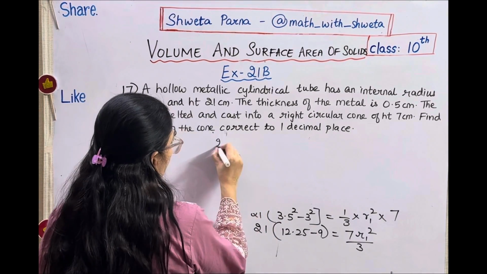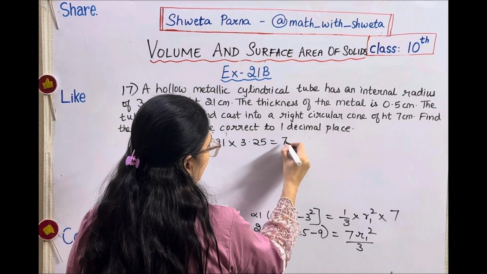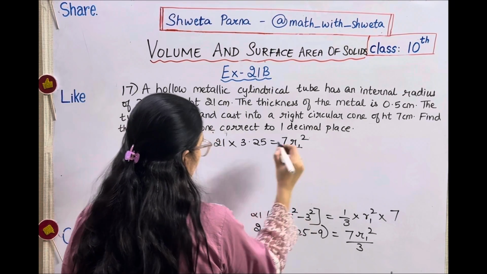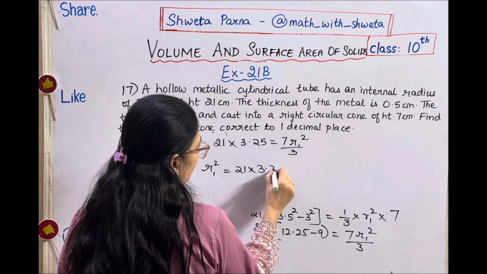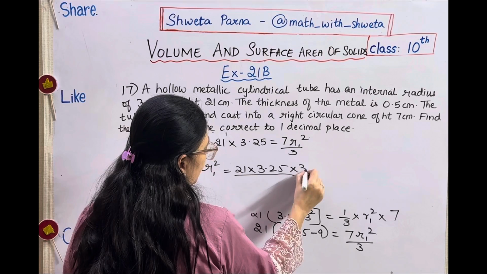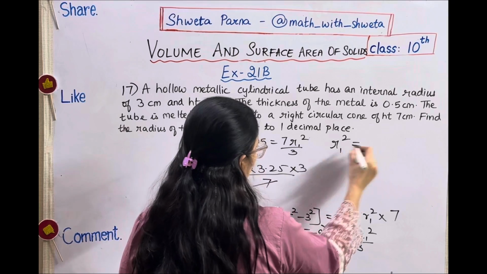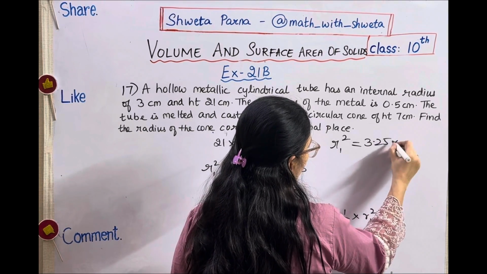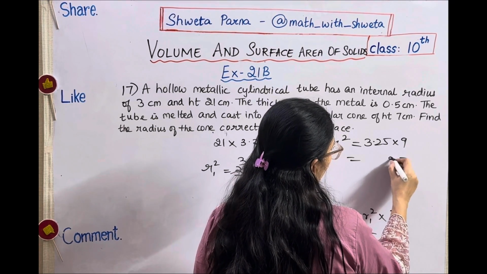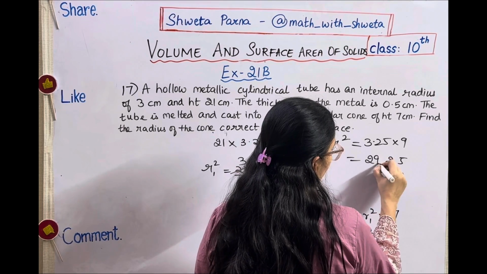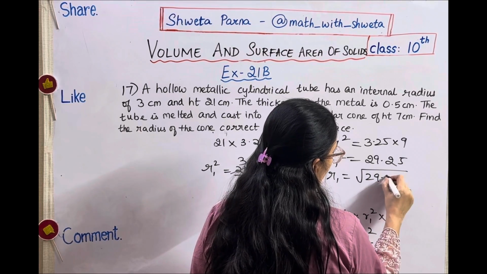So this is 21 into 3.25 is equal to 7 r1 square upon 3. So r1 square is equal to 21 into 3.25 into 3 upon 7. 7 3s are 21. So r1 square is equal to 3.25 into 9, which is 9 5s are 45, 4, 9 2s are 18, 22, 2, 9 3s are 27, 29. So r1 would be the square root of 29.25.